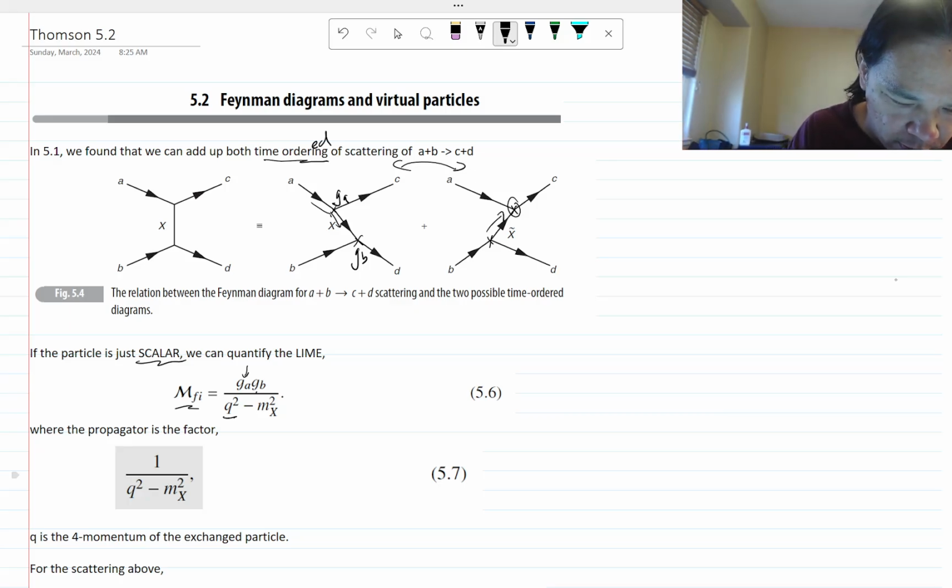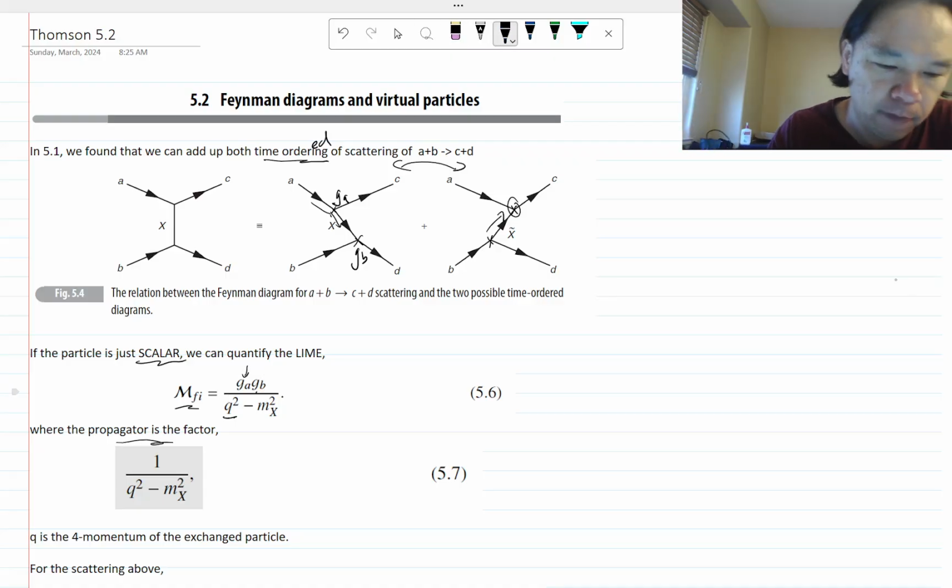This 1 over Q squared minus mx squared is known as the propagator. This factor is actually true even if we're not exchanging scalar particles; in the case of other particles, the numerator just gets a little more complicated with some angular dependency.